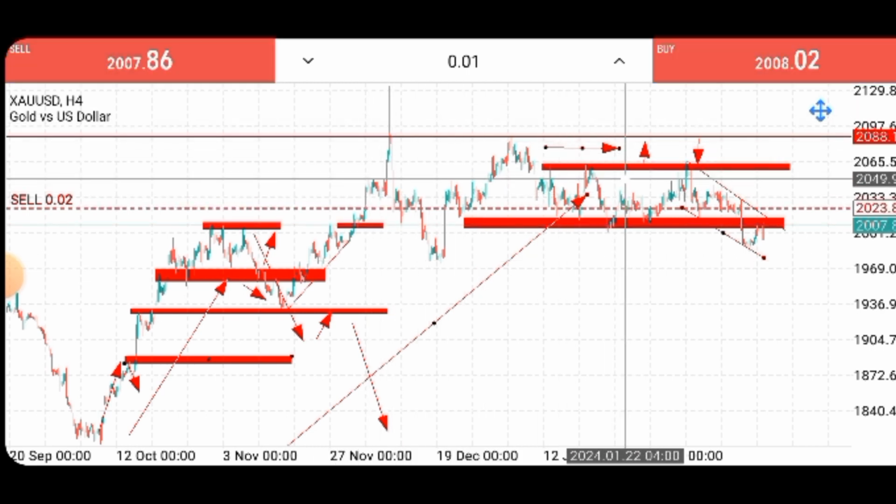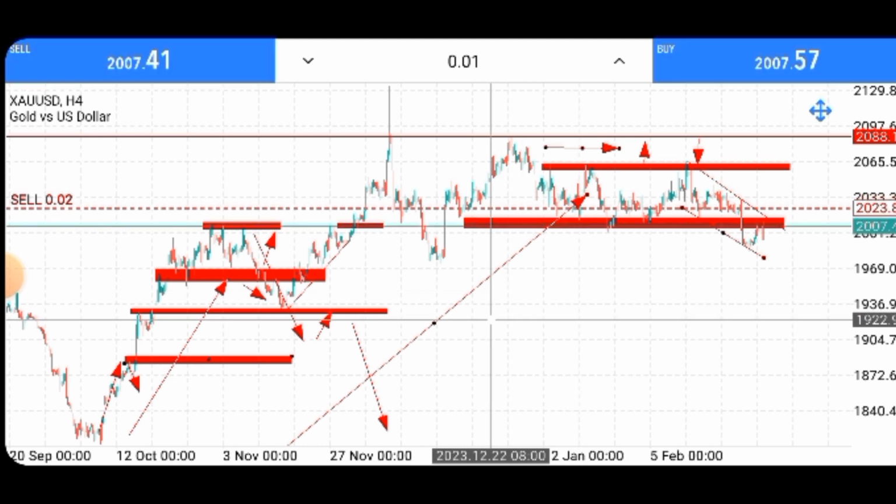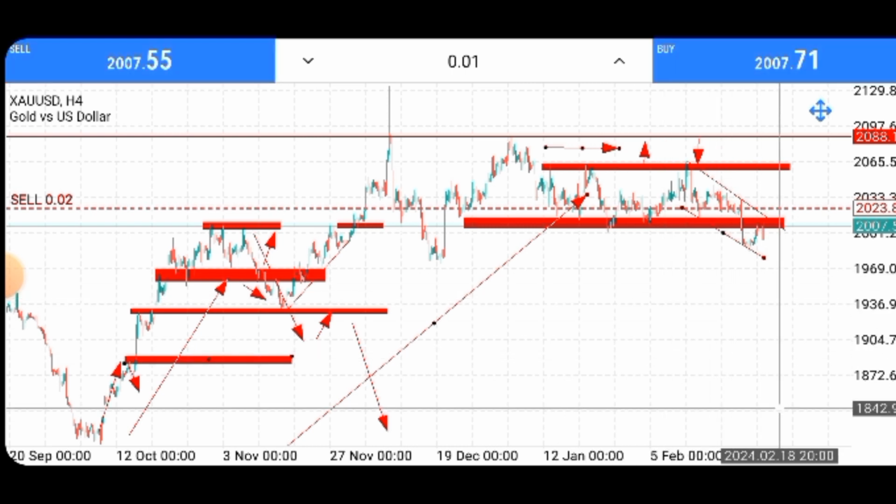I understood that this consolidation is what we call a distribution consolidation. Distribution consolidation is basically when price comes from an upward movement, enters consolidation, and breaks in the opposite direction, creating lower lows.